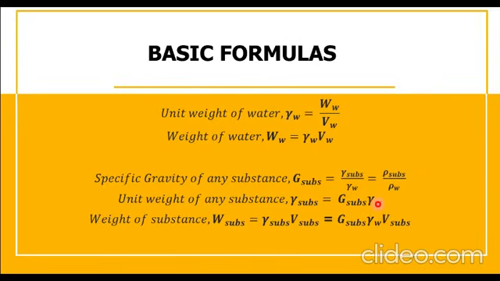Also, we can derive the weight of substance is equal to the unit weight of substance multiplied by the volume of substance. It will also be equal to the specific gravity of the substance multiplied by the unit weight of water, because we substituted the unit weight of substance here, multiplied by the volume of substance.